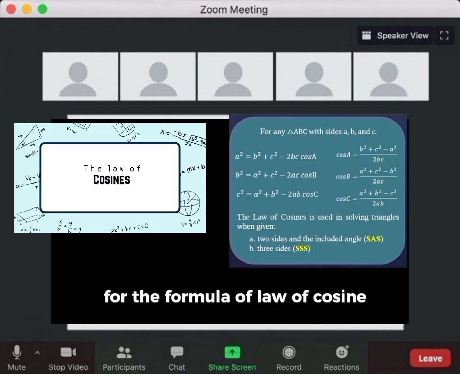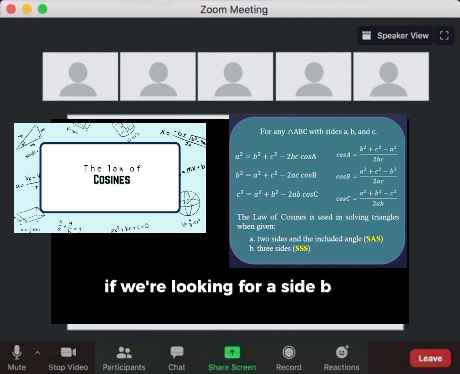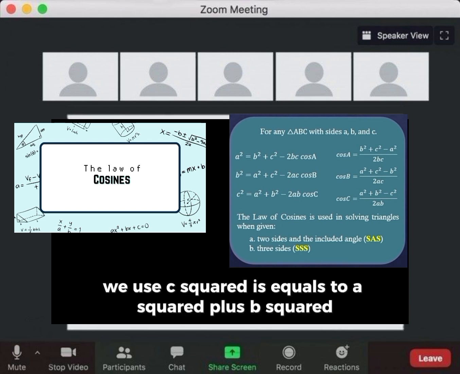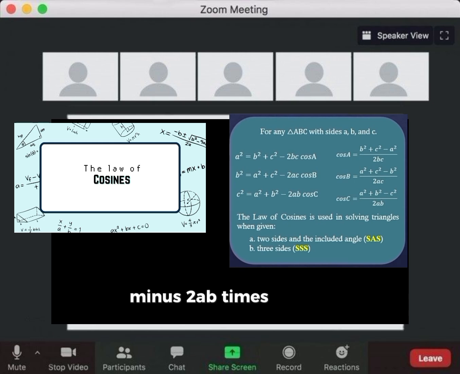For the formula of the law of cosines, if we're looking for side A, we use A squared is equal to B squared plus C squared minus 2BC cosine A. If we're looking for side B, we use B squared is equal to A squared plus C squared minus 2AC cosine B. If we're looking for side C, we use C squared is equal to A squared plus B squared minus 2AB times cosine C.